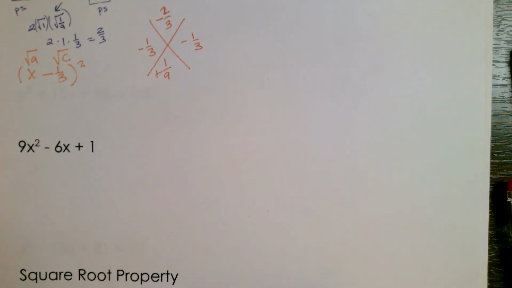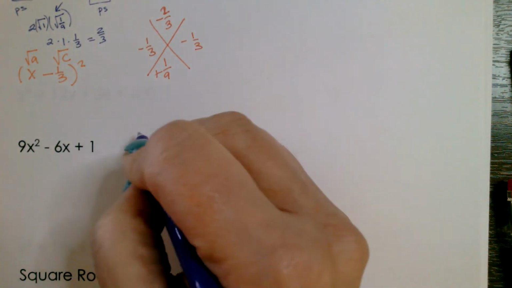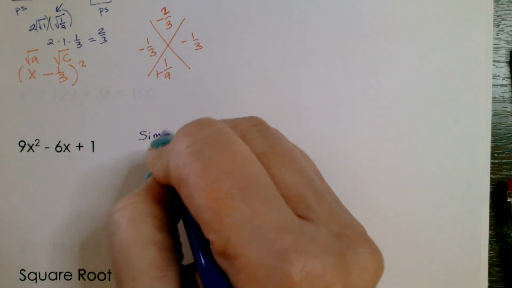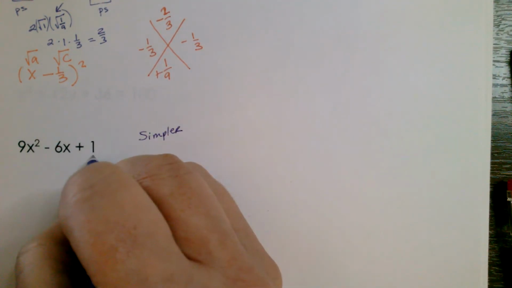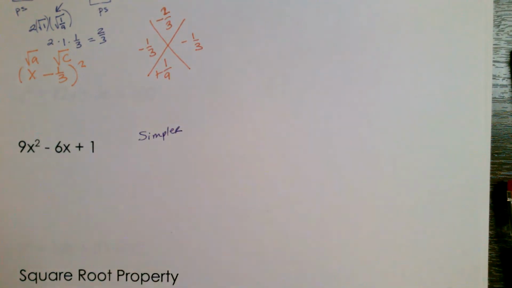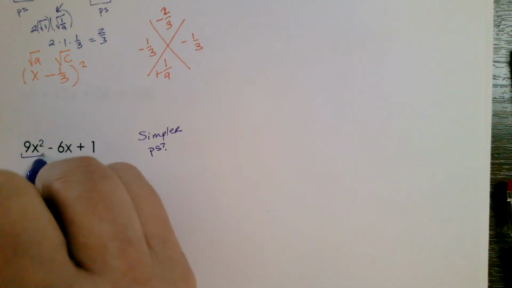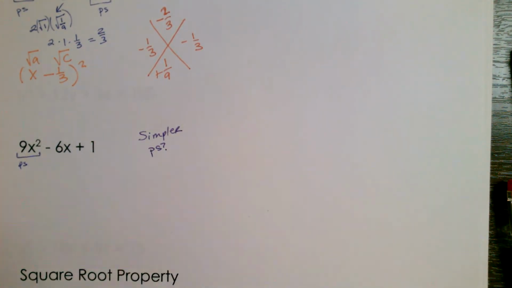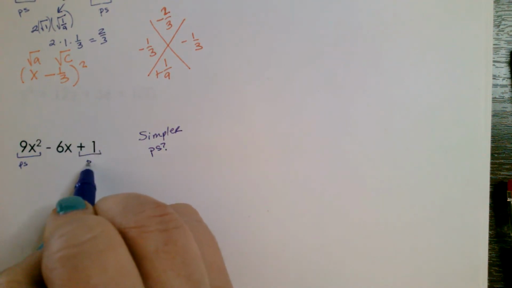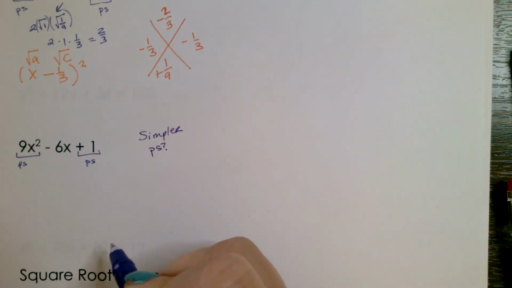For the next one, can we make it simpler? No. Whenever I have a 1 here, can't make it simpler. Is it a perfect square trinomial? Is that a perfect square? Yes. Is that a perfect square? Yes.